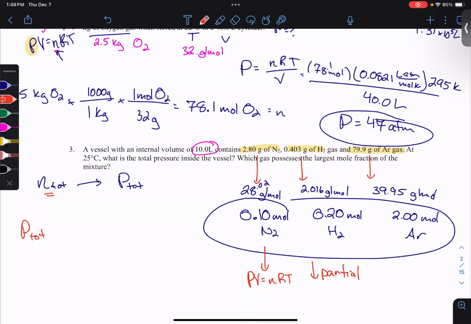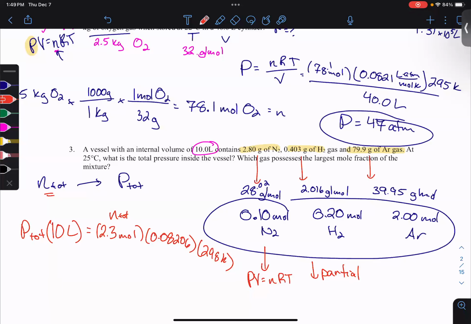So P times 10 liters, that's V, equals n total, which I think, can I do this in my brain, is 2.3 moles of gas. That's the total moles of gas in this container, times our gas law constant, 0.08206. I'm not going to write the unit, I'm lazy. And then temperature is 298 Kelvin.